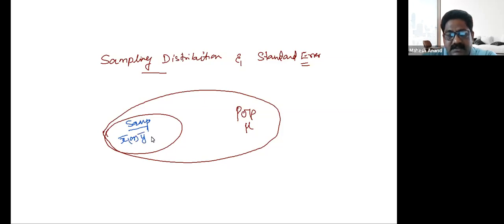The standard deviation of the sample is usually represented as lowercase s, and of course, the variance is represented as s square, and the number of samples as lowercase n. Pertaining to the population, we use these terminologies. The population parameter, the mean of the population, is represented as mu. Standard deviation is represented as sigma. Variance is represented as sigma square. And capital N represents the size of the total population.